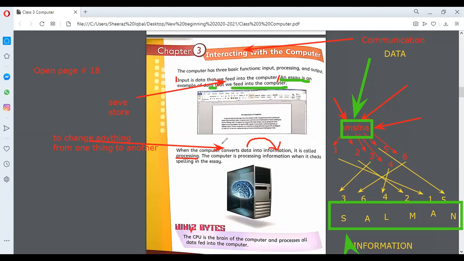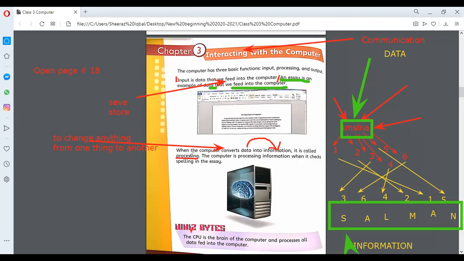That's it. This is data because these three words are not giving me any meaning. I leave the essay there, so it's data that we type, but it's not giving any information. But when I write my friend name is Muhammad, now it gives meaning: my friend's name is Muhammad.